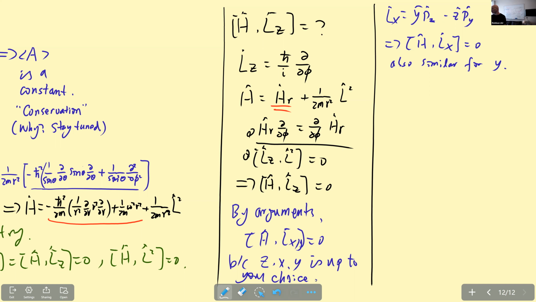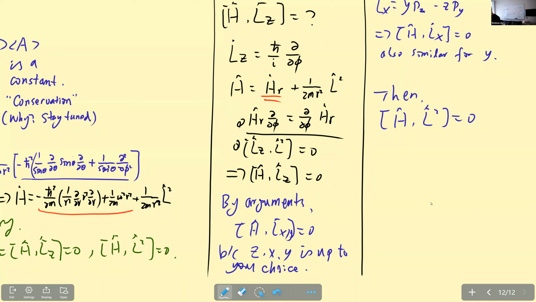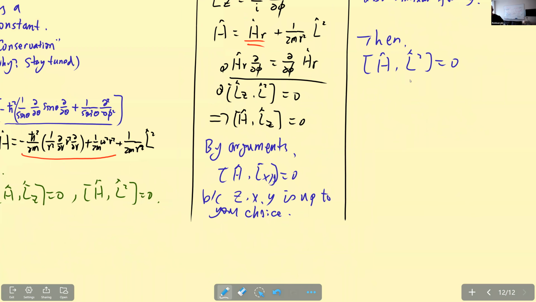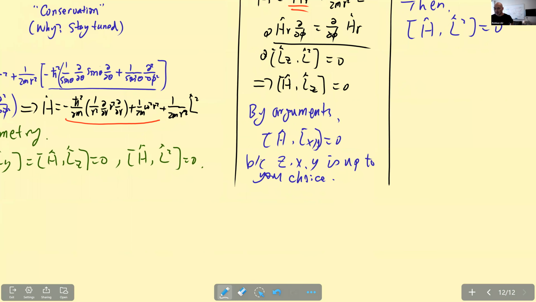And of course, you know that this one will also commute with L squared, right? Okay, so that's a particularly interesting thing that we're going to have. So let me come back to this point.